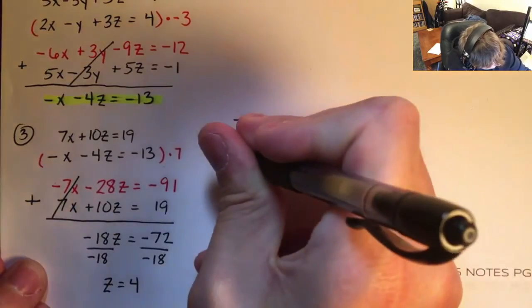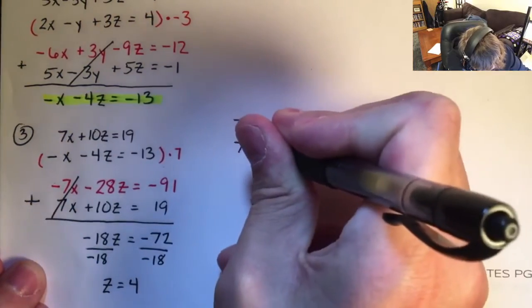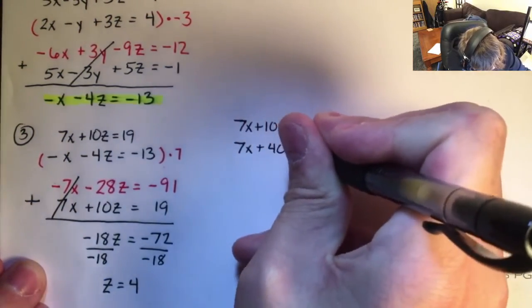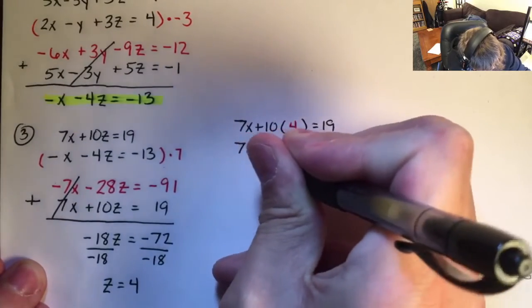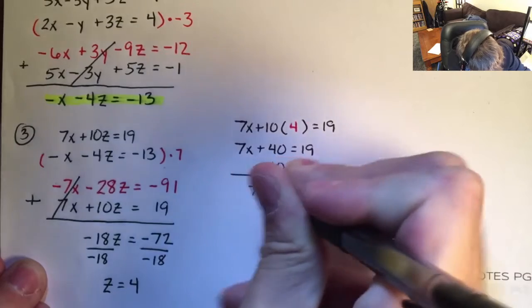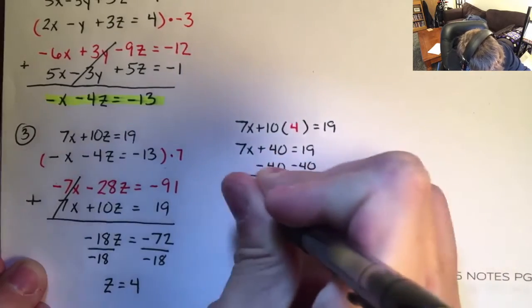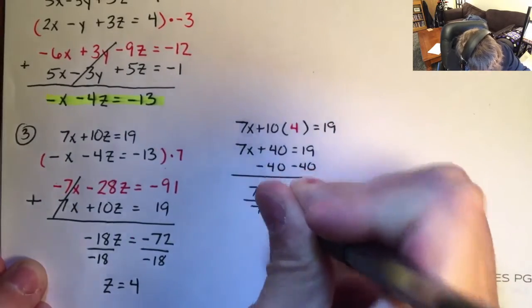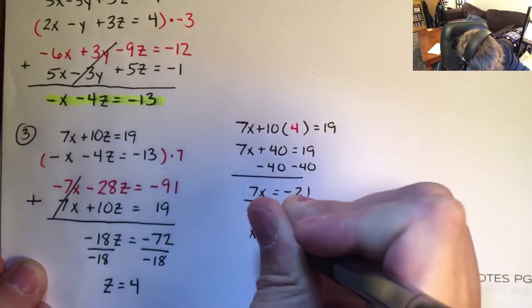So this means 7x plus 40 is 19. Subtract 40. 7x is equal to negative 21. Divide by 7. Okay, and then x is equal to negative 3.